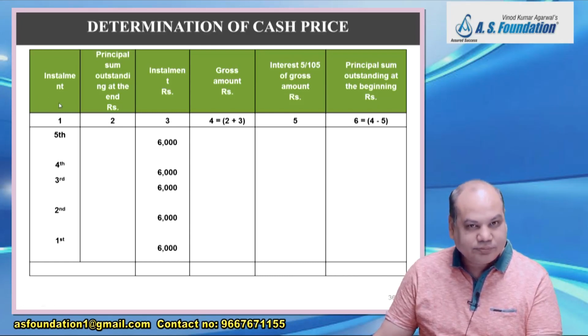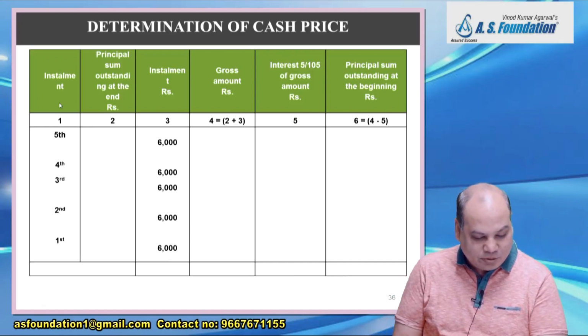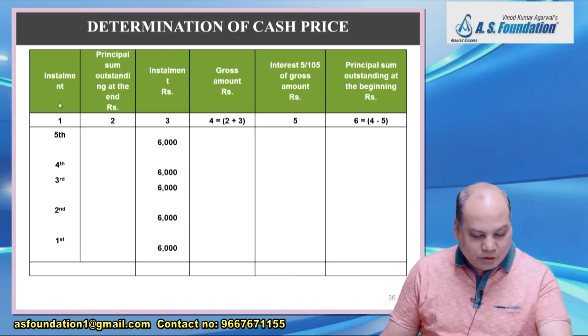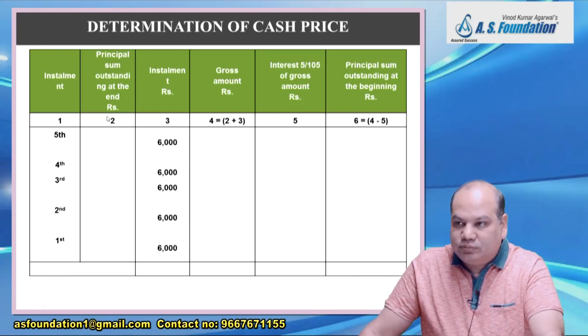installment number. Since it is a hire purchase price given to you, and you have to find the cash price, we'll use format number 2. First write installment number, then principal sum outstanding at the end.